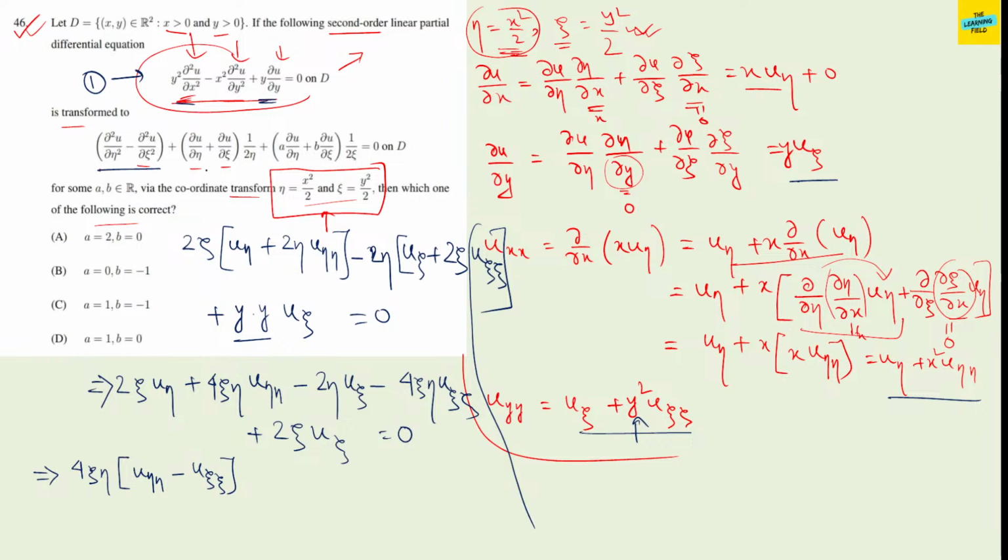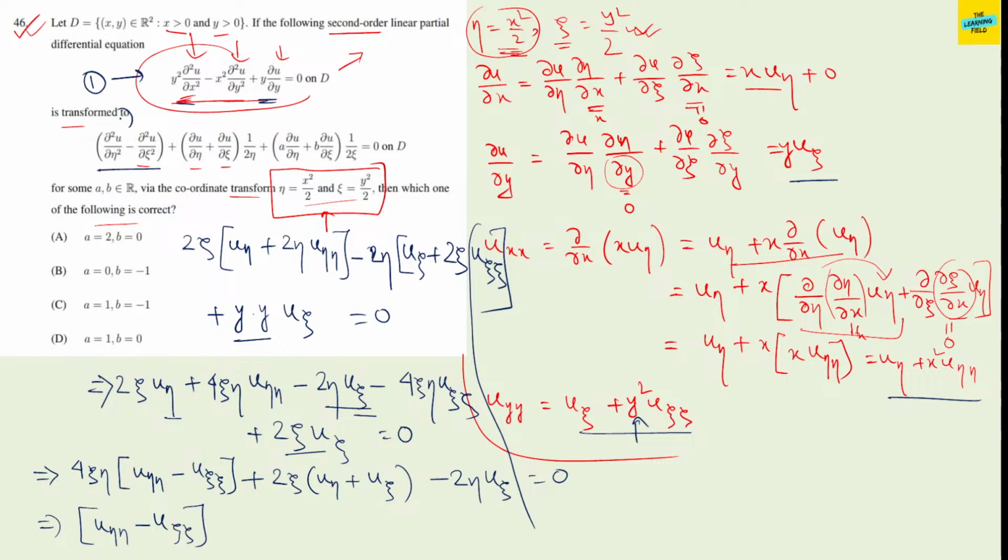This term we will get plus what? u_η, u_ξ, 2ξ. So take common 2ξ u_η plus u_ξ minus this term 2η u_ξ is equal to 0, divided by 4ξη. Then u_ηη minus u_ξξ.